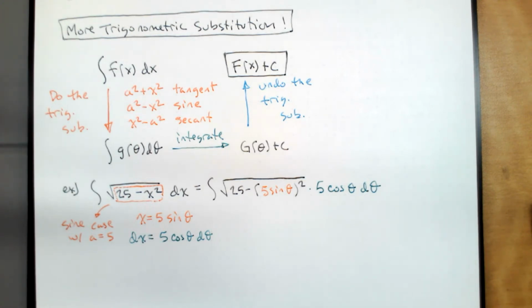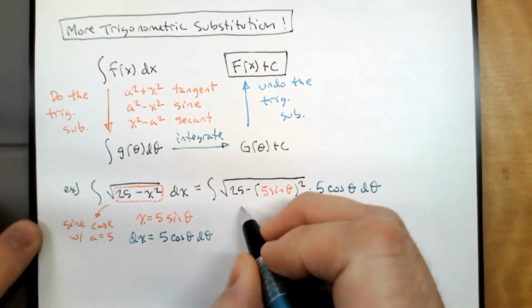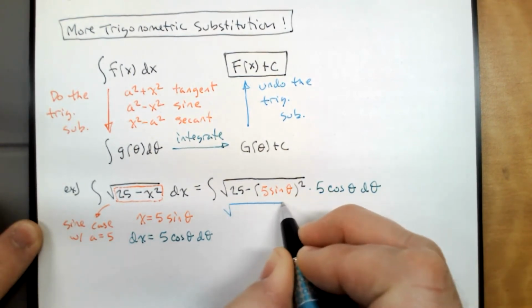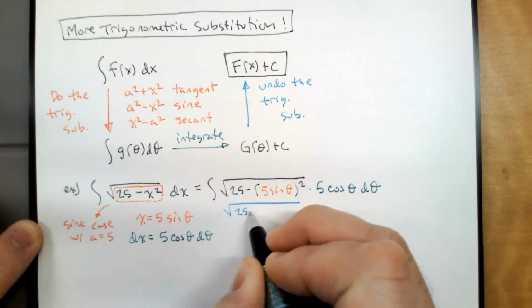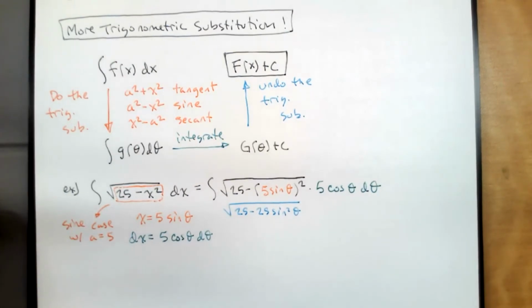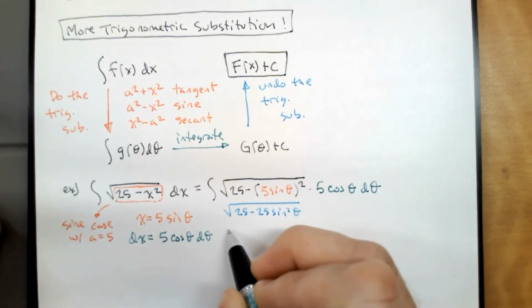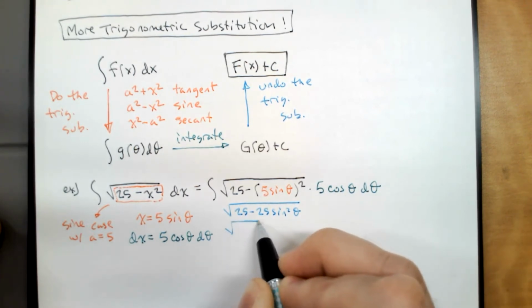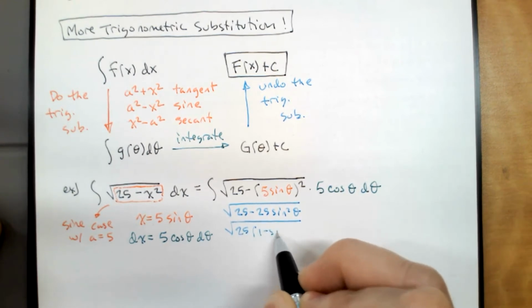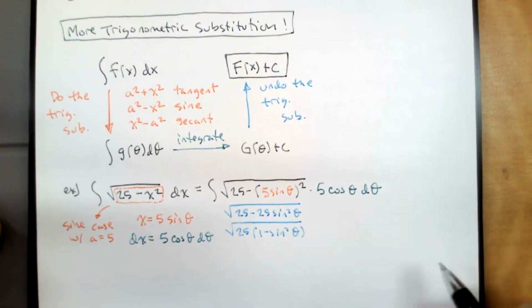Now we're going to work just on this square root part. 25 minus 25 sine squared theta. If I multiply this out, this is all going to be a square root of 25 minus 25 sine squared theta. So that's going to be 25 times 1 minus sine squared theta.